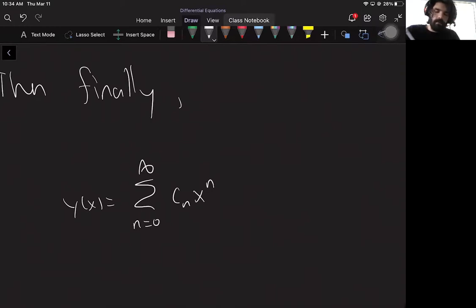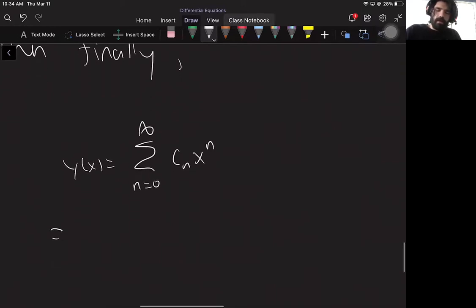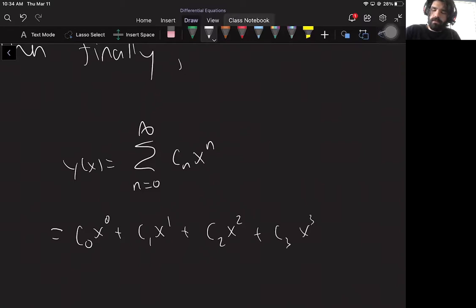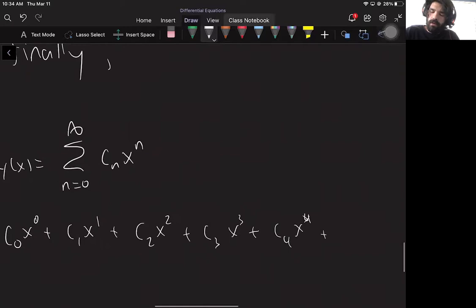But now what I know is if I write them out, so let me just write out a bunch right here. So C0 x to the 0, plus C1 x to the 1, plus C2 x squared, plus C3 x cubed, plus C4 x to the fourth. Let me write one more. Let's go out to 5.